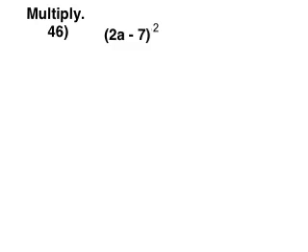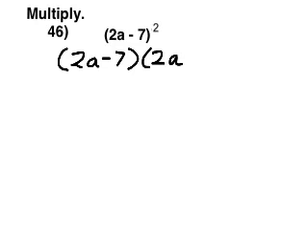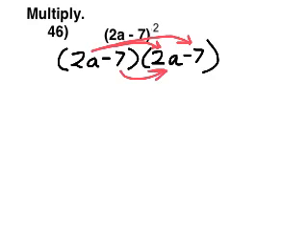Okay, the way we've been doing these, this 2a minus 7 to the second power means there's 2 of them. We've got 2a minus 7 times 2a minus 7. Distribute each term over the other, then you combine like terms.